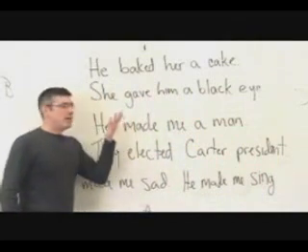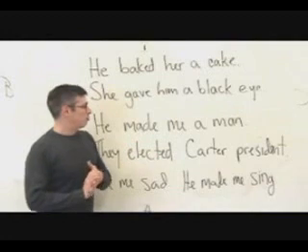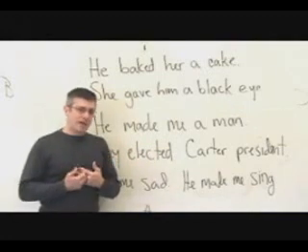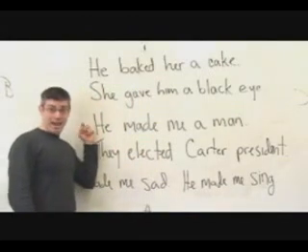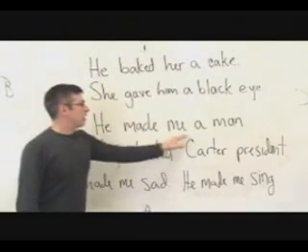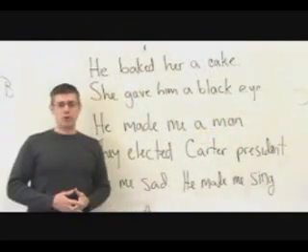And because objective complements and indirect objects can produce similar looking sentences, a lot of sentences can be read two ways. So for example, he made me a man. You remember that one. If we read a man as the objective complement, that means he turned me into a man.